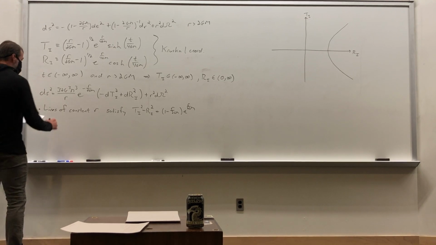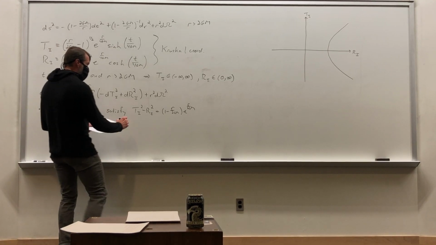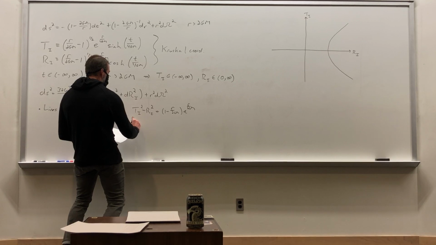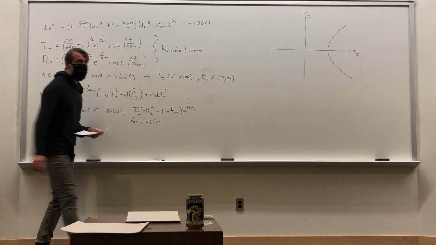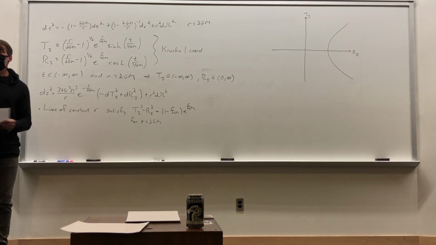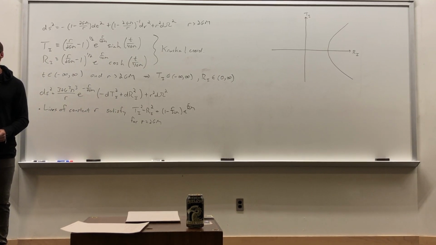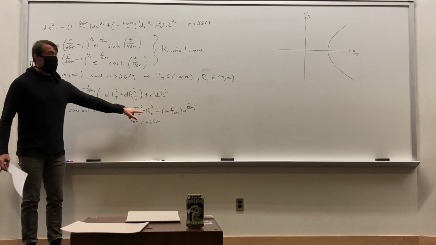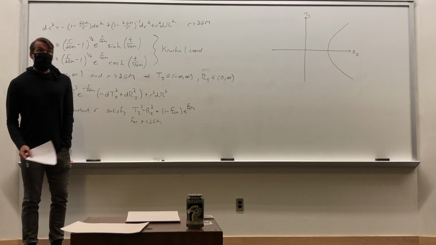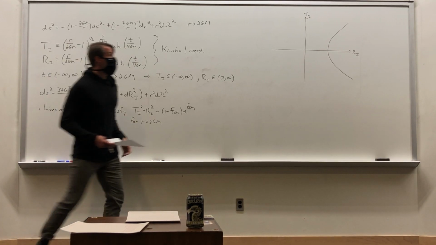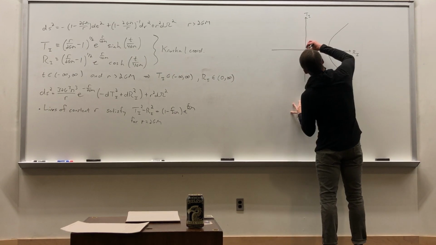Well, in particular, if we take r equals 2GM, then what does this become? This becomes 0, and then what's the relationship between T1 and R1? Well, T1 is plus or minus R1. So we have the following.